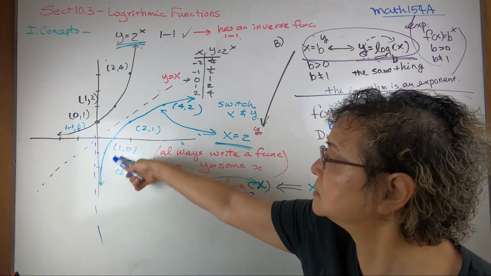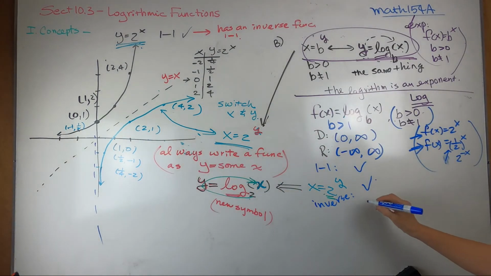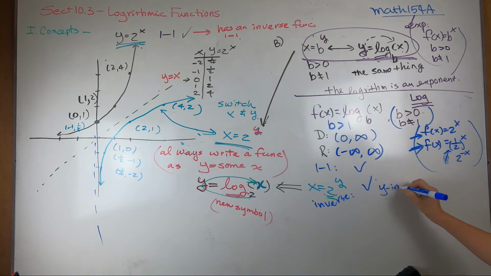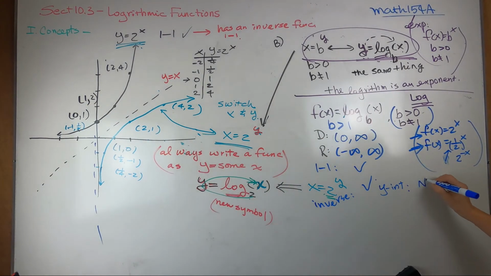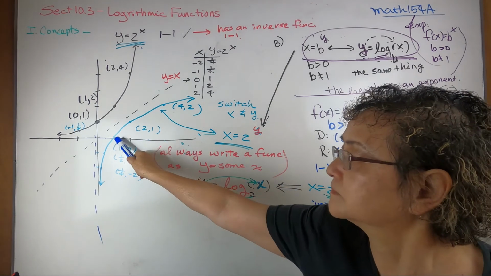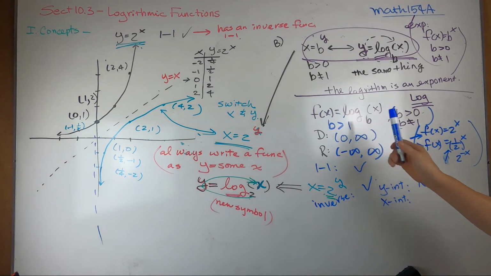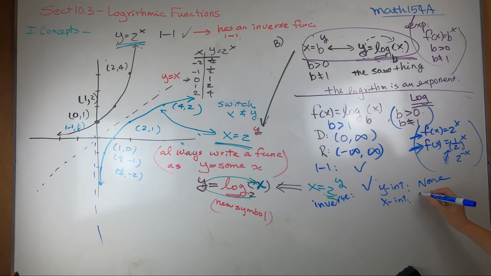So what's your y-intercept? Here, none, right? What is your x-intercept? Here, for the basic log function, it's (1, 0).